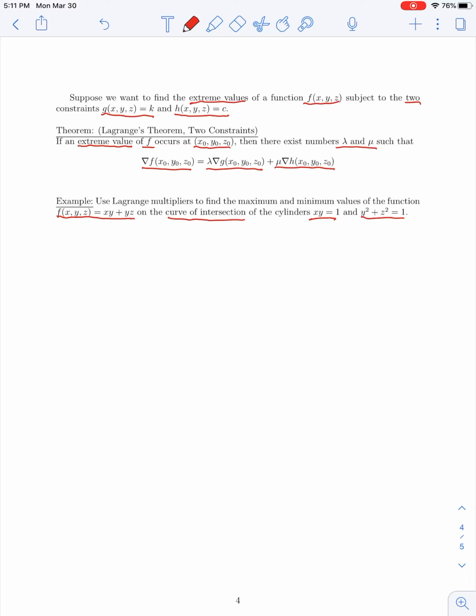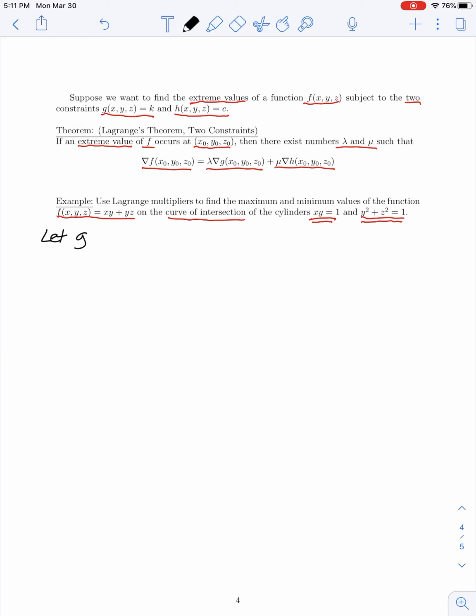So here we have points that must lie on the curve of intersection of 2 different surfaces. So we have 2 different constraint equations.